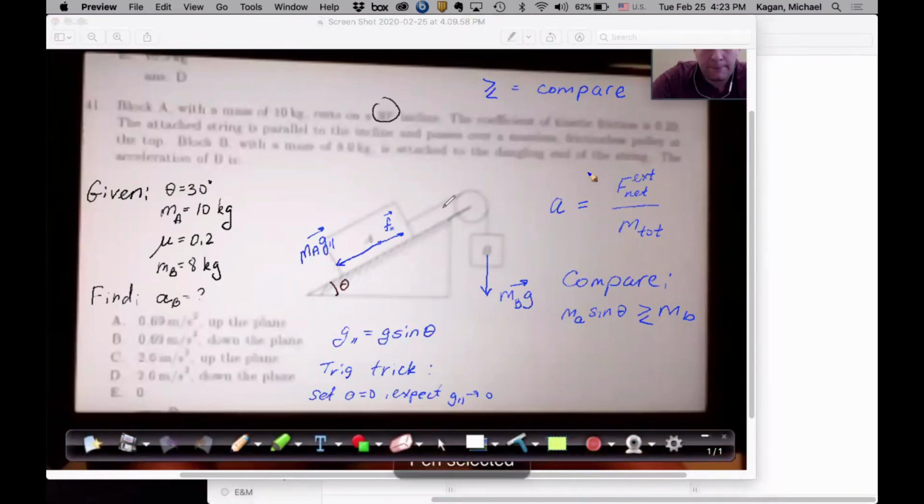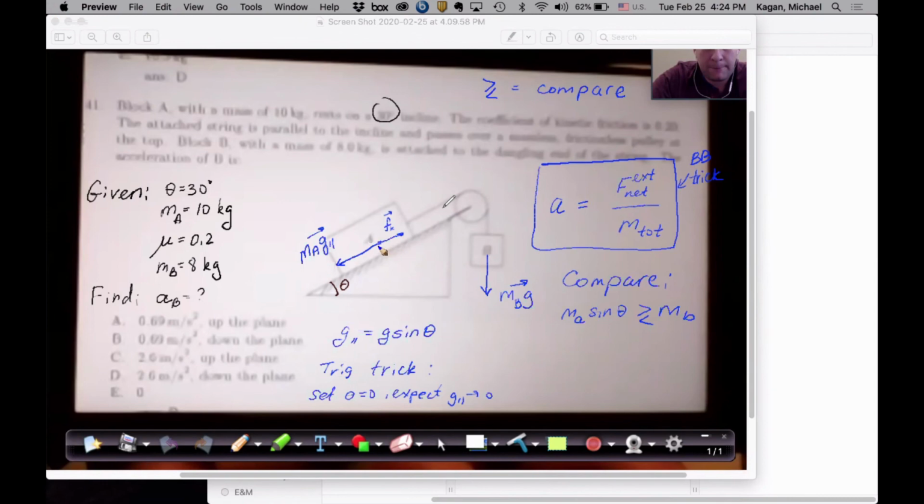Okay, let me remind you. This was the first thing I wrote. This is the starting point, the formula we got last time, the black box trick. And M total is straightforward. F net external is what we need to find, and I started doing the diagram. I only drew the external forces.